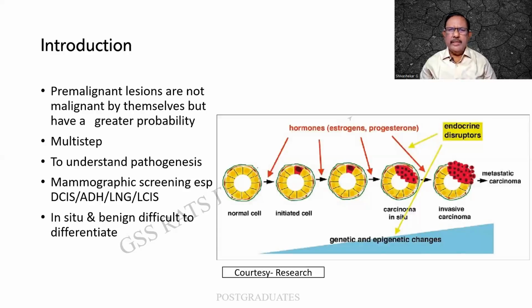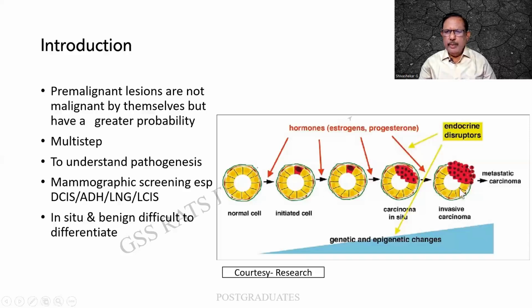In order to understand the pathogenesis, mammographic screening has become very essential because what we are getting is a resected specimen or a biopsy. But a mammogram will be able to give us a preliminary idea of the lesion within the ducts. Also, it has been mentioned that by this technique, it is difficult to differentiate the benign from the malignant.